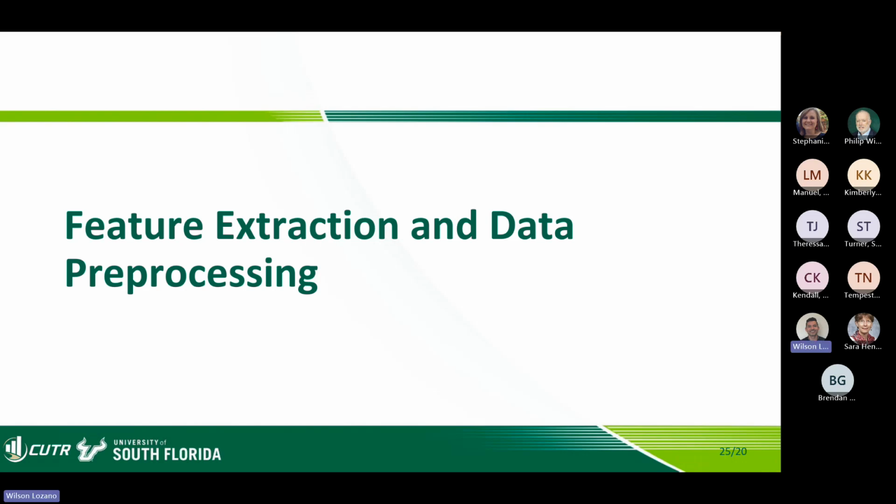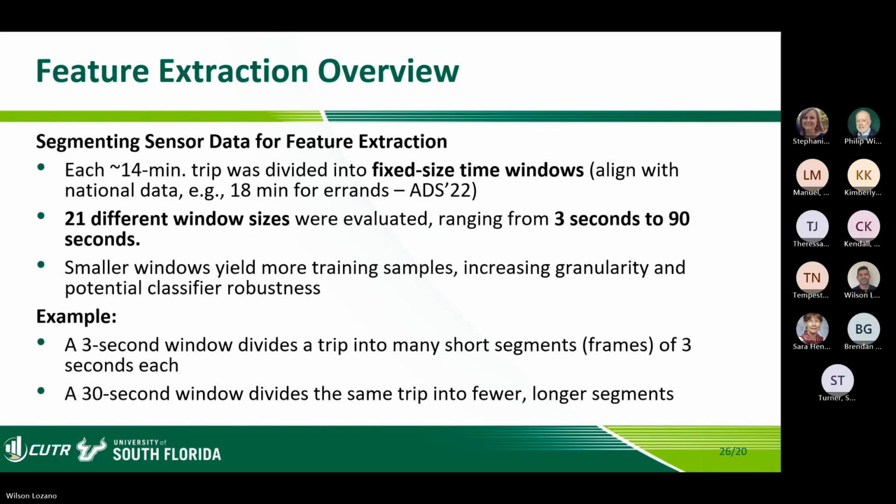Next, we are going to talk about feature extraction and data preprocessing. So for feature extraction, each trip was approximately 14 minutes, so it was divided into fixed time windows.